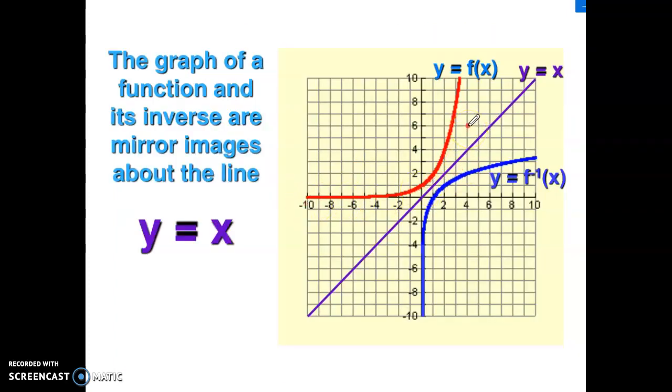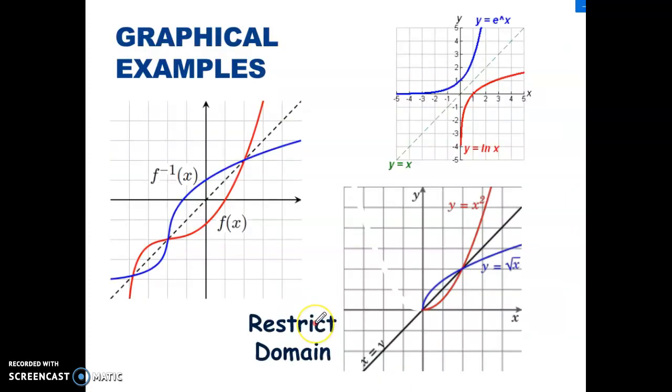Every point that you find on one side of the line, you can find going directly across on the other side. Every single point has its pair on the other side, as long as, whoops, that's not a good one because that's not perpendicular, but that's the idea we're getting to. It's directly clear across. Okay, so here are just some examples of different relationships.